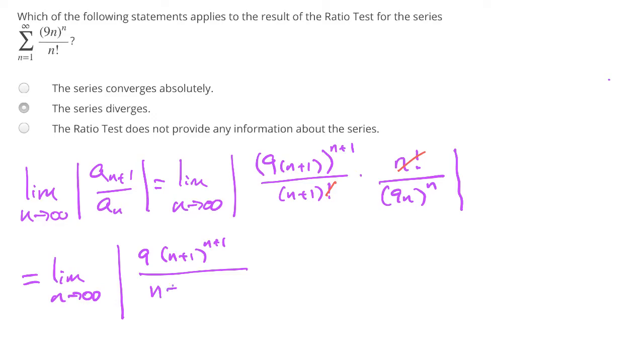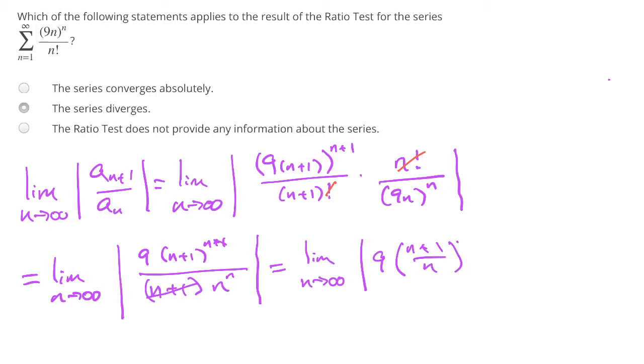So we've got an n plus 1 in our denominator, and then we have our n raised to the n power. So continuing to clean this up, our n plus 1 will cancel with one of our n plus 1's in the numerator. So we're really left with the limit as n goes off to infinity of 9 times n plus 1 over n raised to the n power.